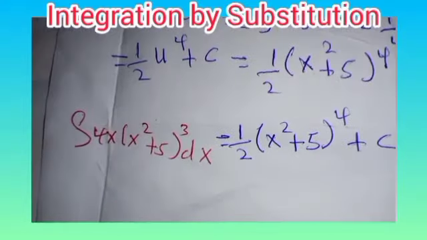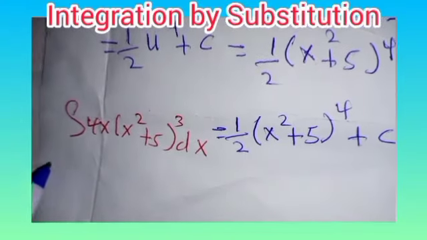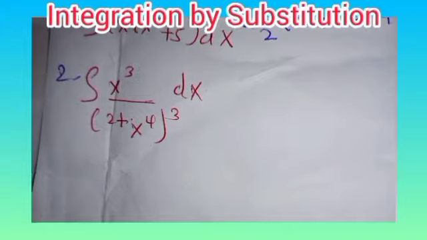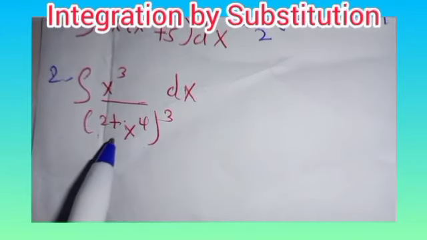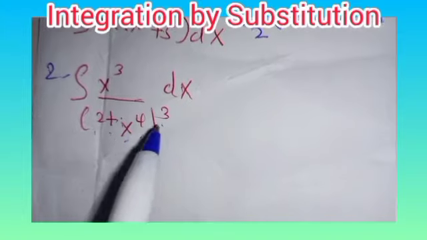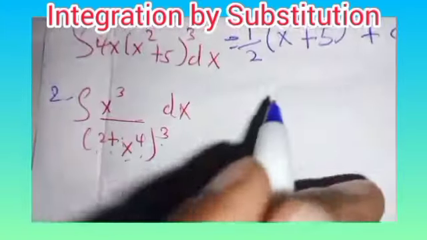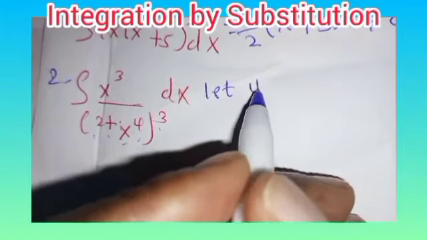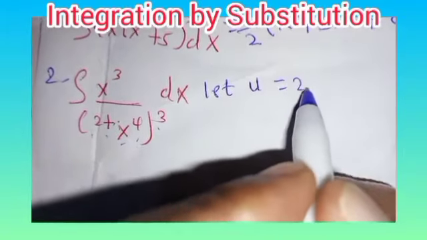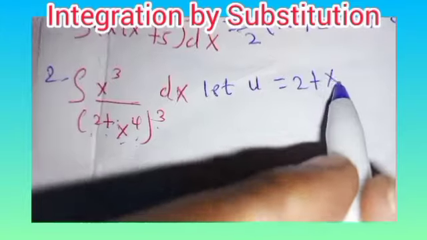So let us get another example. Example 2. You have to integrate x cubed divided by 2 plus x power 4, everything cubed. Here we are going to let our u be equal to 2 plus x power 4.